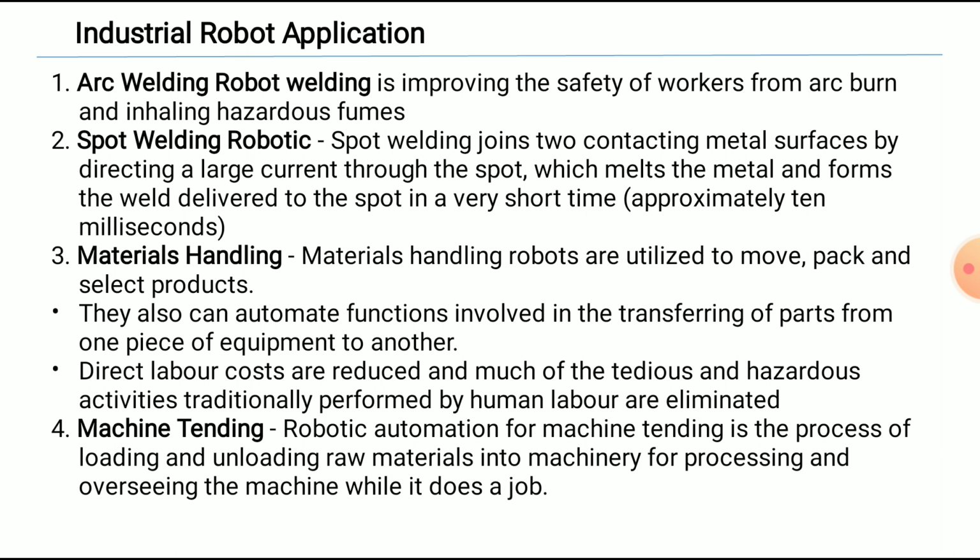Robotic automation for machine tending is a process of loading and unloading raw materials into machinery for processing and overseeing the machine while it does a job.